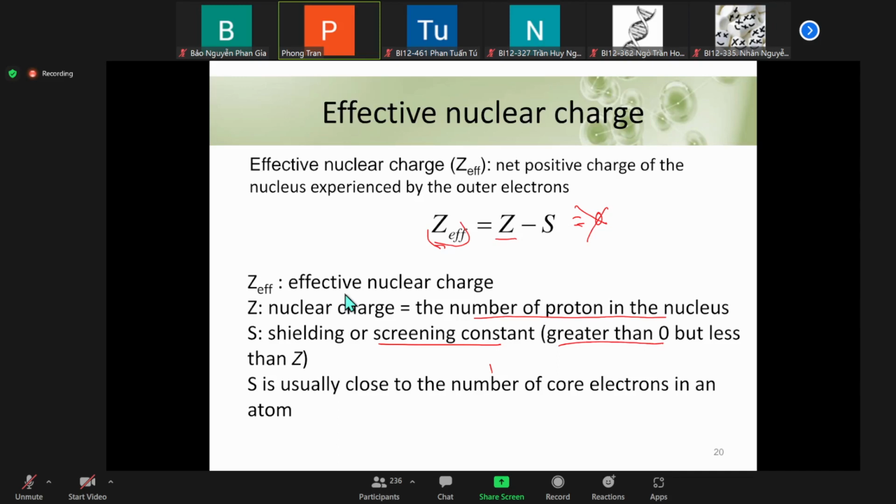Otherwise, it would already be removed. If there were no interaction with the nuclei, the outer layer could fly away. So the S value will be all the time larger than 0 and smaller than Z. That's the meaning.